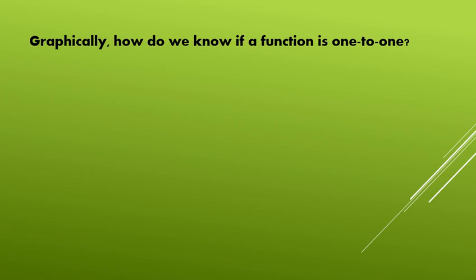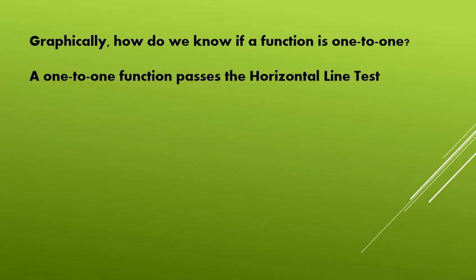So that's how we can tell if a function is 1 to 1 by looking at a set of ordered pairs. How do we know if a function is 1 to 1 just by looking at its graph? Well, a 1 to 1 function passes the horizontal line test.